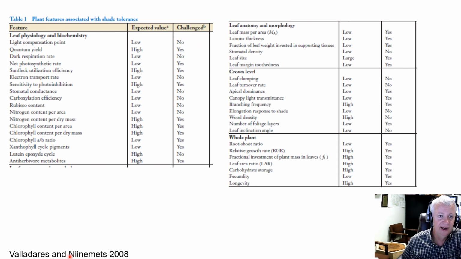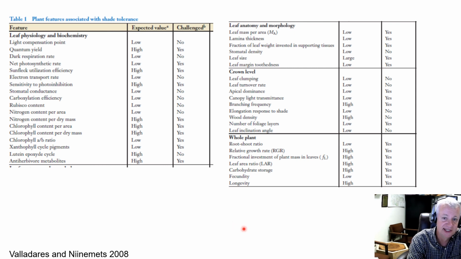But there's also other traits that are likely related to, for instance, some of that persistence and survival in low light. Root to shoot ratio, relative growth rates, fecundity, longevity. So a lot of these things are likely related to other things related to competition, reproduction and survival, and so on.